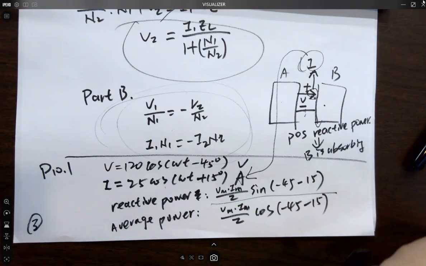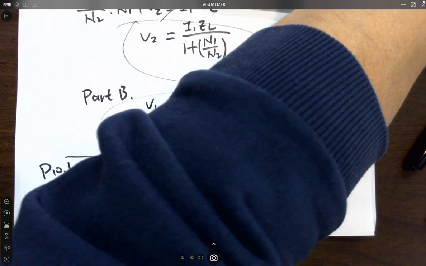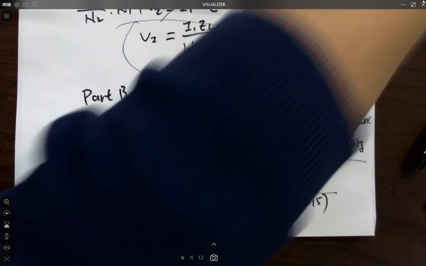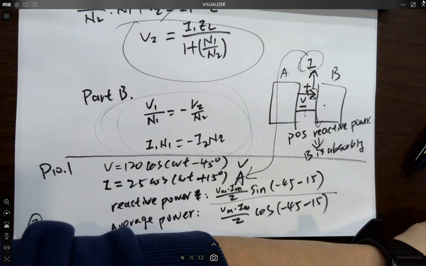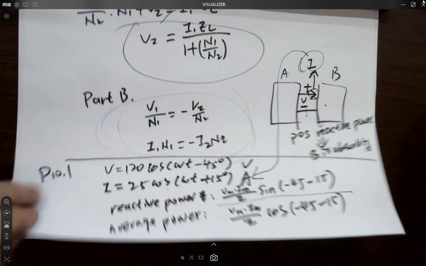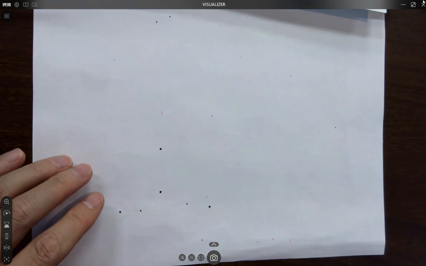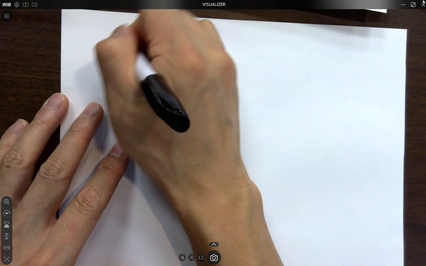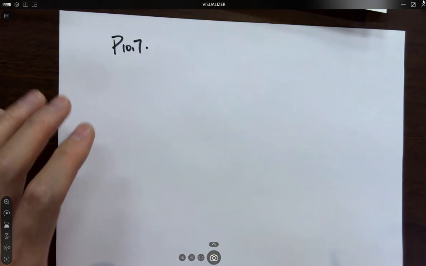So this will help you solve all the problems until 10.7. Only one thing you need to know, I think, because we already covered that.